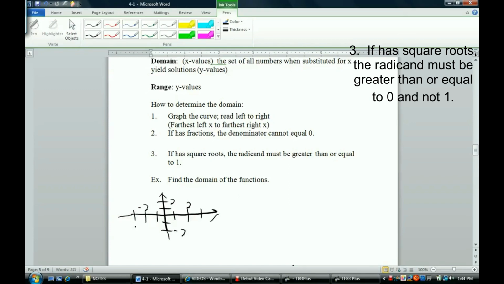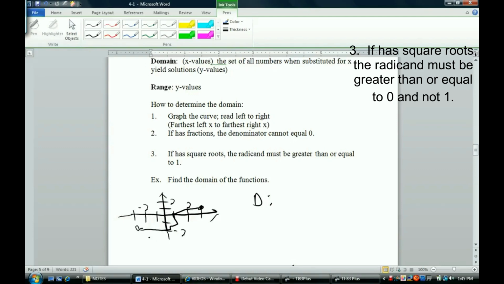So let's just say I have this, and it goes something like this. So I'm going to use D for domain. Now domain is left or right. So if I were to ask you how far left, and this is an open circle, it's not a 0, it's an open circle.